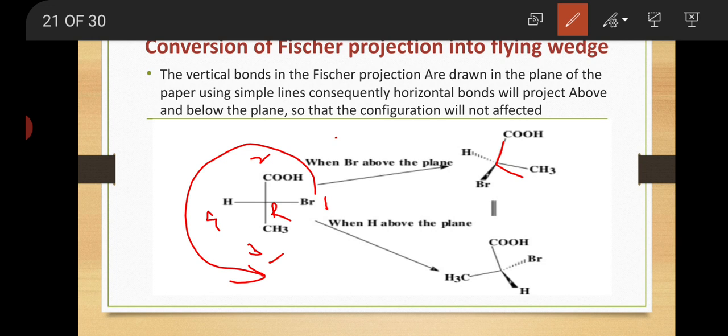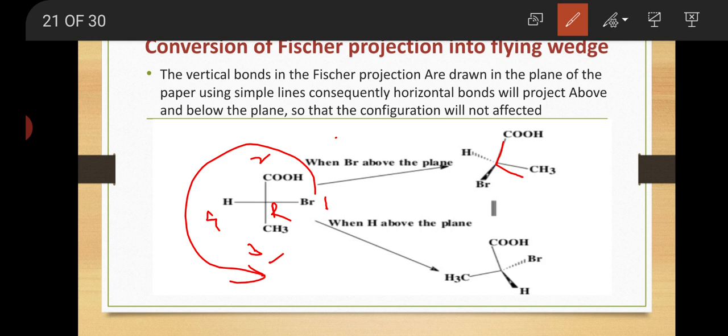Br is taken above the plane, and H is below the plane. Let's see this configuration.